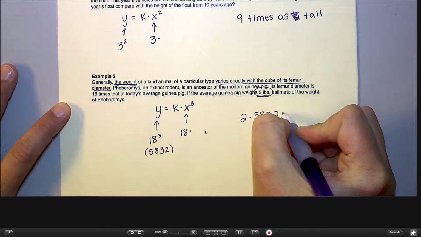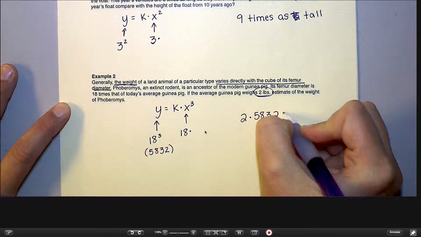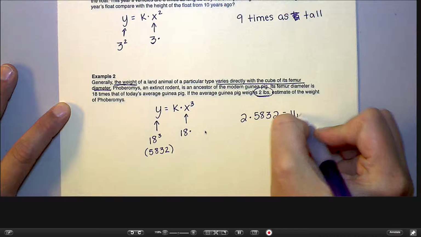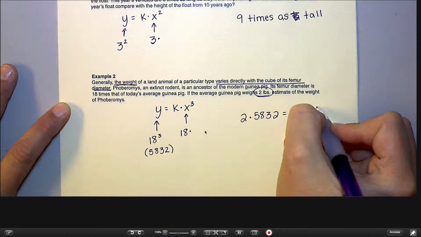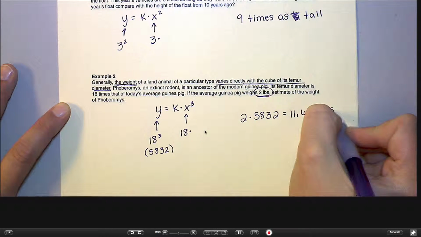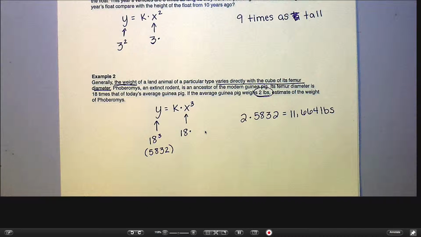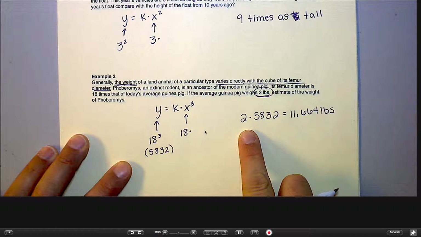It's going to be in the 12,000 range. 11,664. Thank you. So this is the weight of one of these animals. So see how I did that? I figured out what the overall effect on the weight would be, and then I applied that effect to the 2 pounds. Is that making sense? Yeah, good.